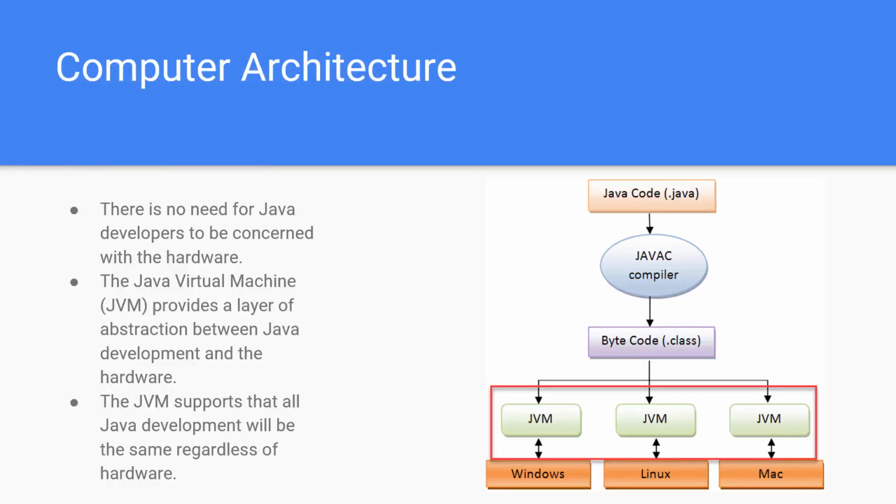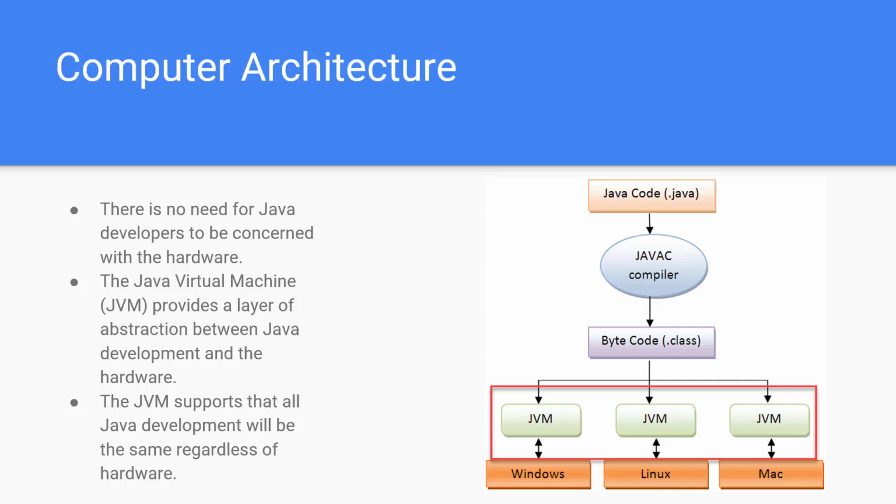For Java, the good news is that we don't really have to worry too much about computer architecture. At one time you did. At one time, anytime that we were engaged in some kind of programming task, we had to know a lot about the hardware, how the hardware stored the data, how the hardware processed data, how the hardware read data.